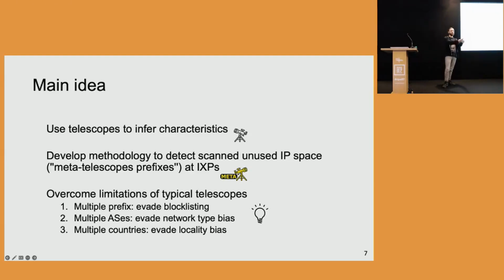So I basically make them blind towards what I'm interested in, and they can't get back the knowledge to prevent my attacks. Once your prefix is blocklisted, your telescope is pretty much useless. So this is also why those prefixes are kept secret.